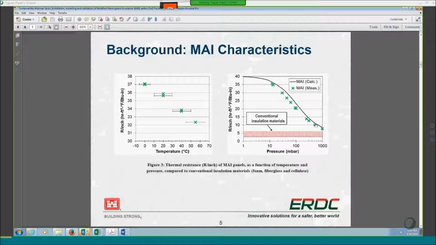The important thing to note here, though, even though your pressure may increase and come close to atmosphere, the overall R value is still slightly higher than conventional insulated materials. But as we discussed earlier, the cost, again, it wouldn't make economic sense to implement something if these panels have failed.